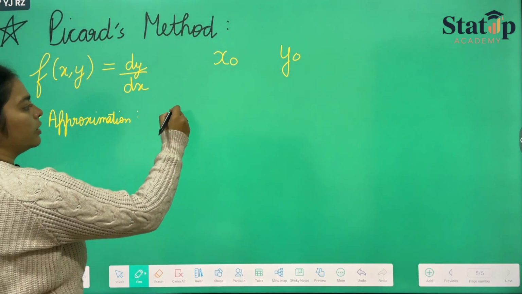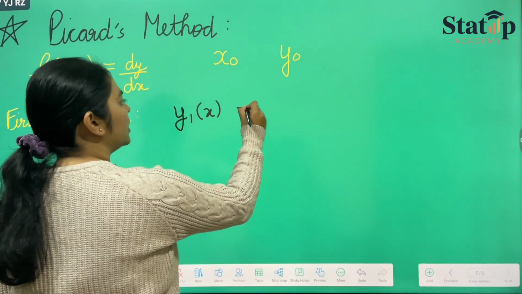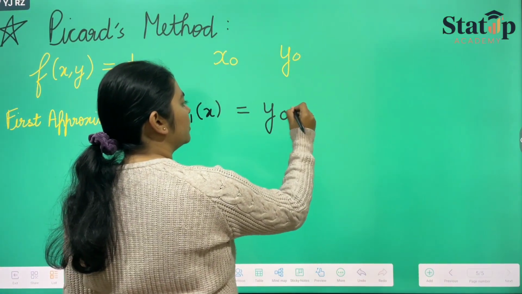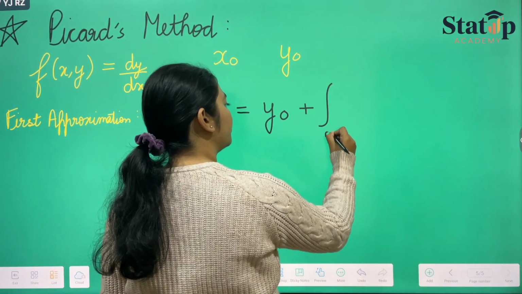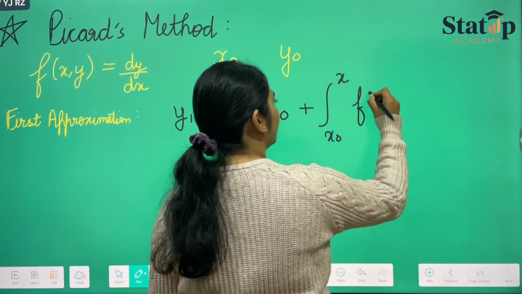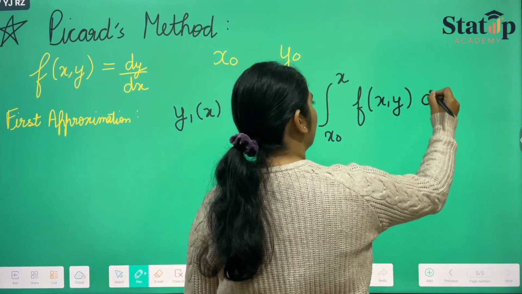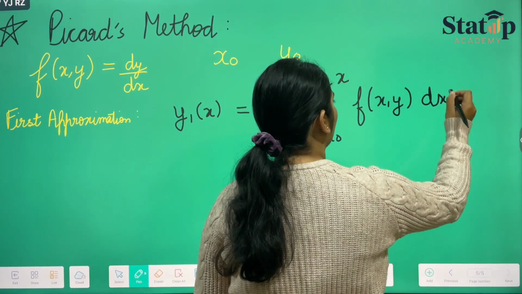So the formula here is y1(x) is equal to y naught plus the integration from x naught to x of f(x, y) dx.